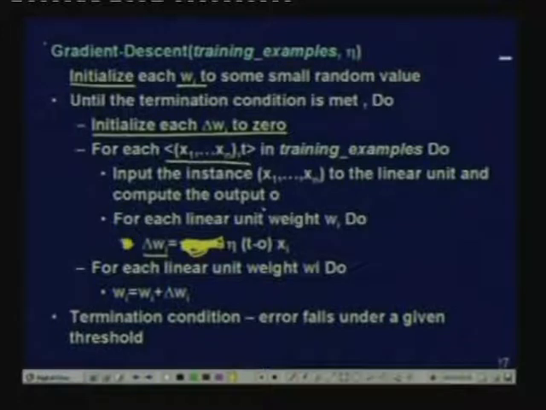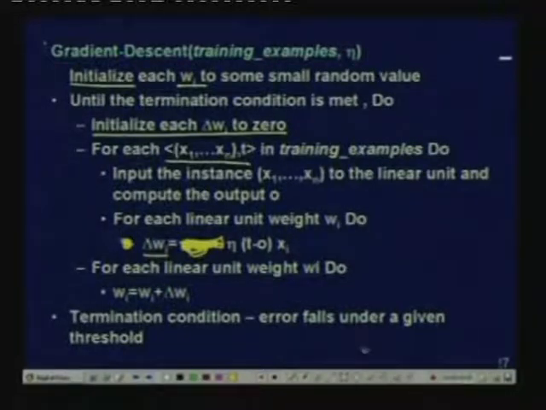This is following the method that we found, that delta Wi should be eta into (t minus O) times xi. Now, we continue doing this until termination. We terminate when the error falls under a given threshold.